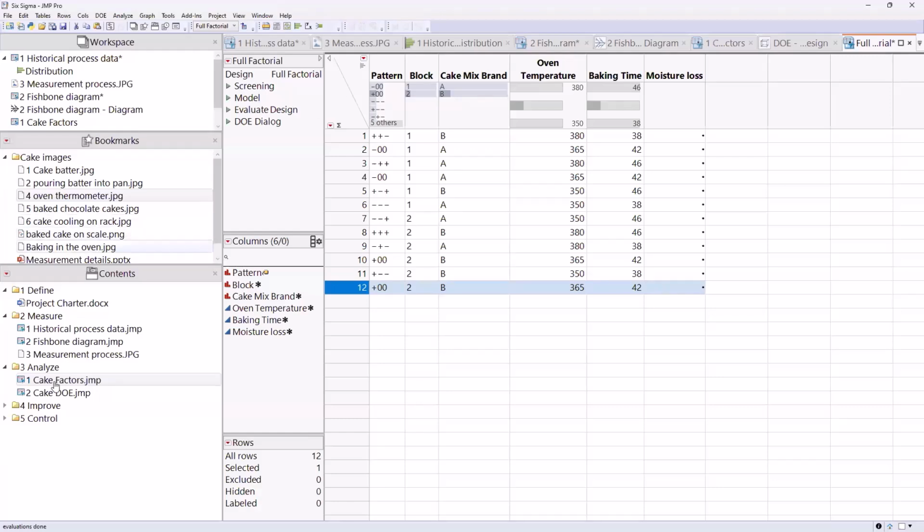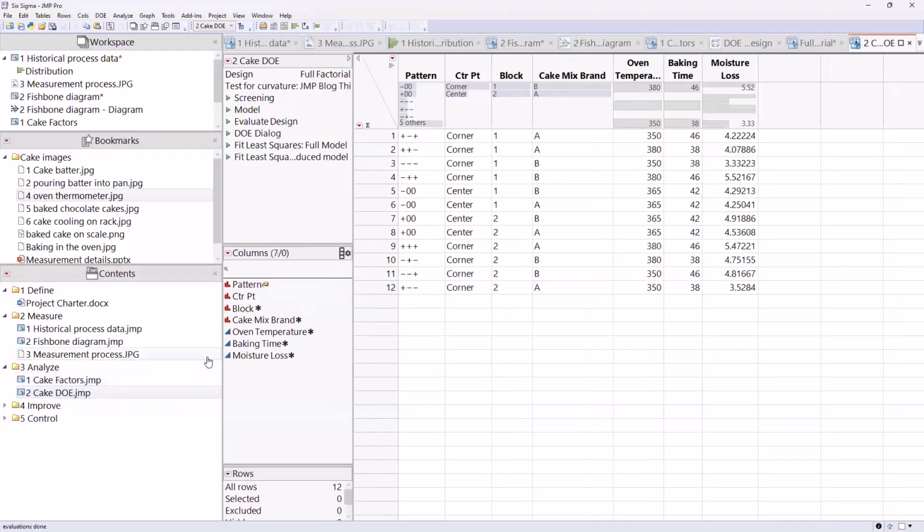Let's take a look at the results in this other data table, cake DOE. So this is very similar to the table that we just saw, but I've already collected here the response information on the moisture loss for each of these cakes. And the other thing that I did here is I added a column for the center point.